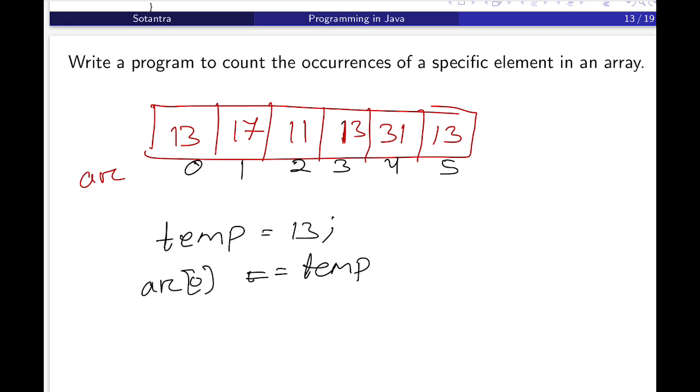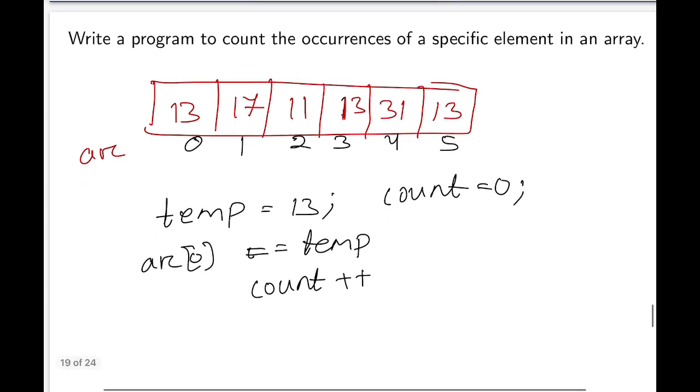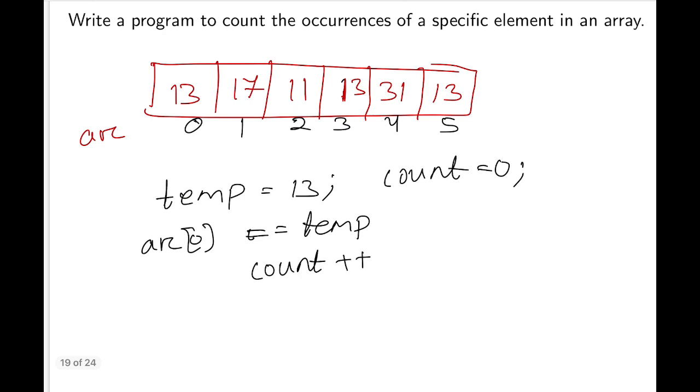If AR of 0 is equal to temp, then increment the value of count, where the value of count is initially 0. Count determines how many times the element is present in the list. So initially count is 0. Now if AR of 0 equal to temp, count plus plus, so count becomes 1.